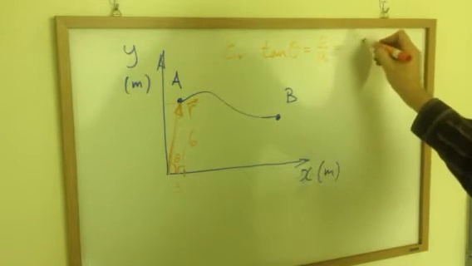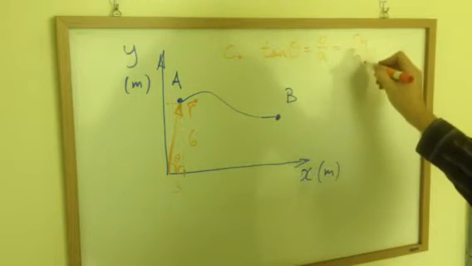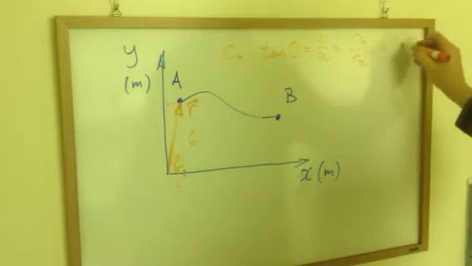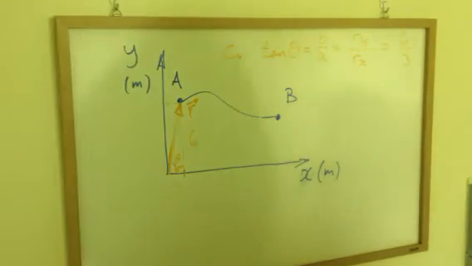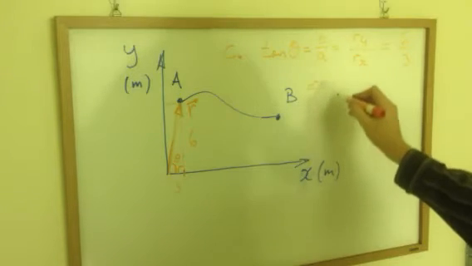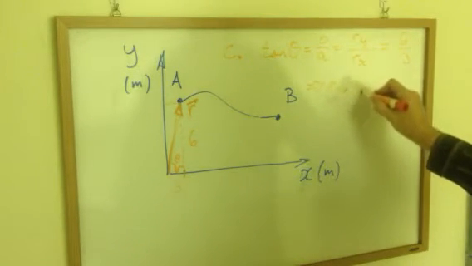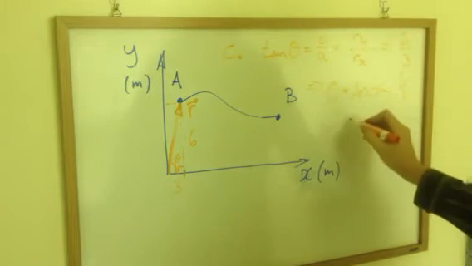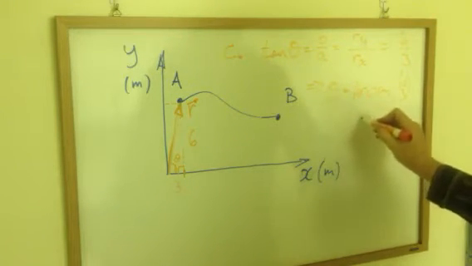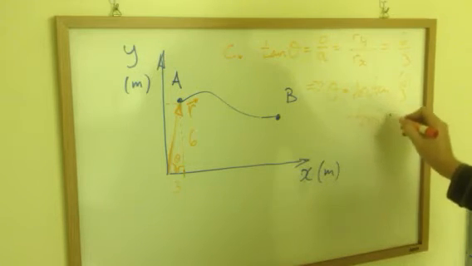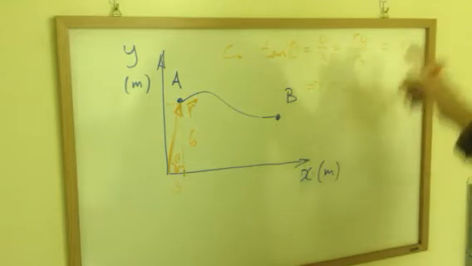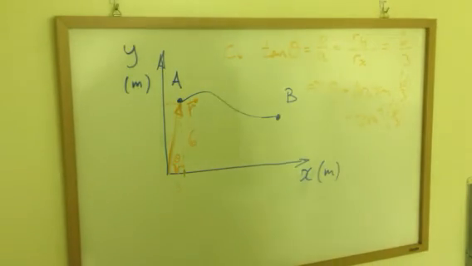In my case, that would be 6 over 3. And you have to know how to use the arctan, or that's equal to the inverse tan. Just different notation for the same function on your calculator.